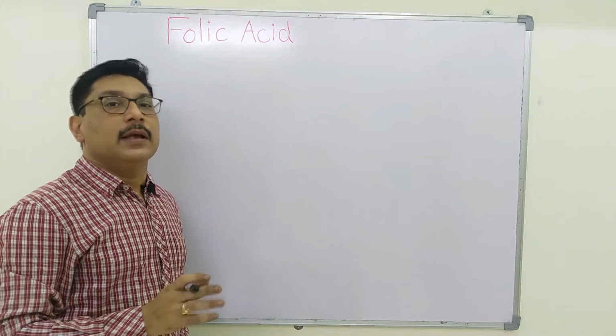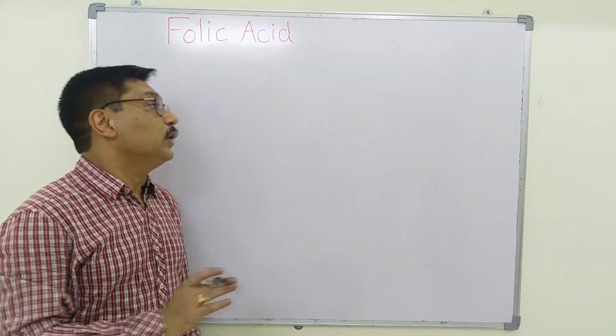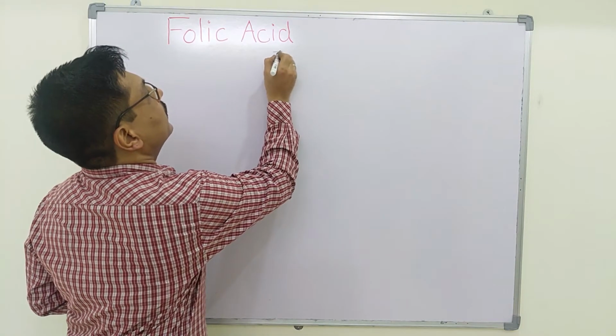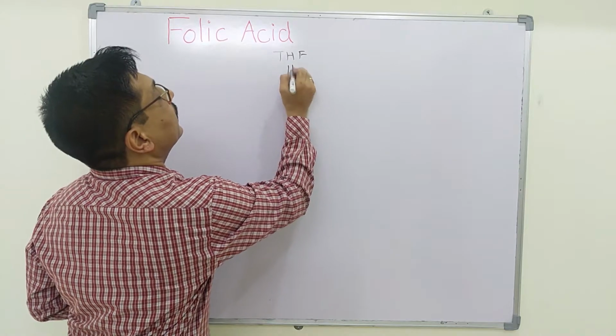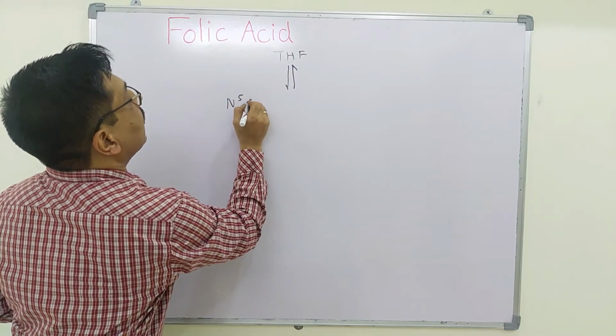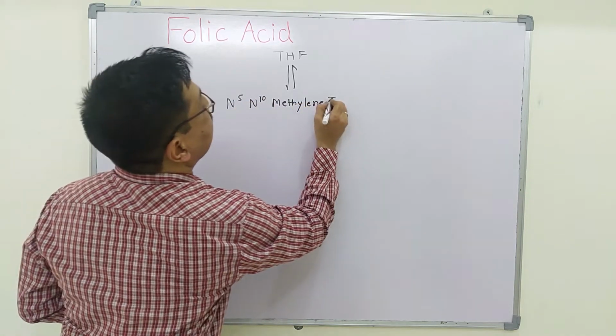Now, having seen how these tetrahydrofolate forms are formed and how they are being utilized, let us see one carbon metabolism. To start with, we will start with tetrahydrofolate. This tetrahydrofolate can be converted into N5, N10 methylene tetrahydrofolate.